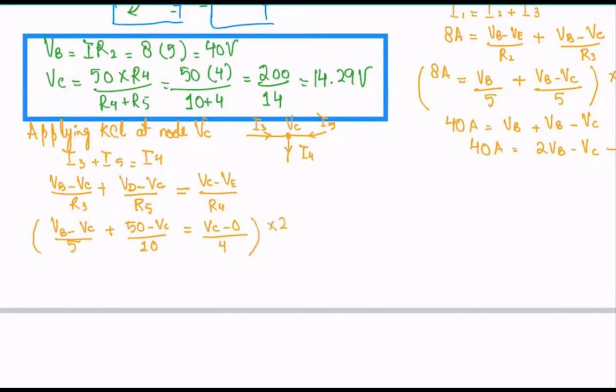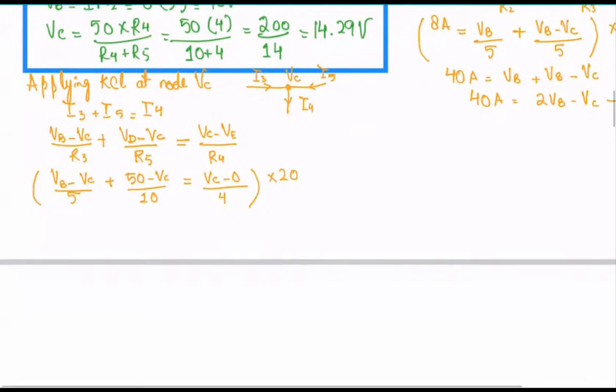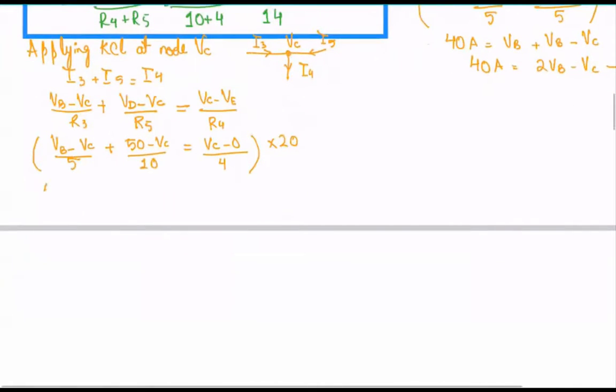Okay, and just for the sake of simplicity, if I multiply this whole equation by 20, what do I get here? Well, the first term will now become 4VB minus 4VC, right? If I multiply 20 by 1 over 5, that gives me 4 as a coefficient, and then I multiply 4 by VB minus VC, so I get 4VB minus 4VC, correct?